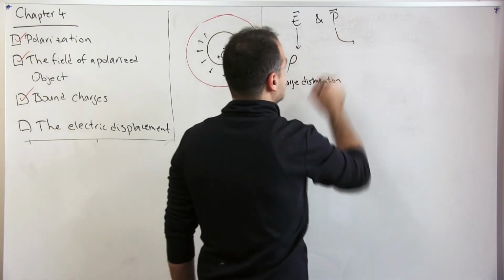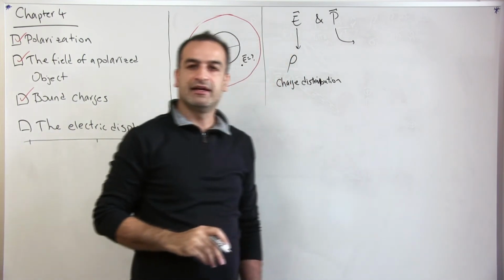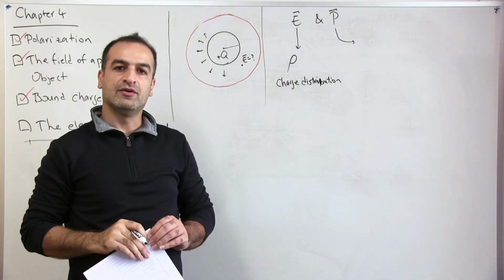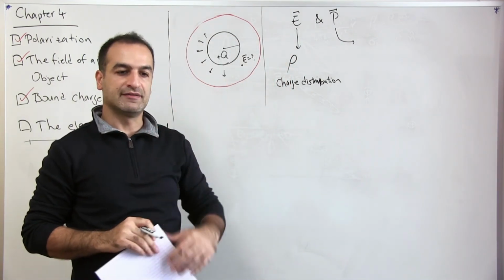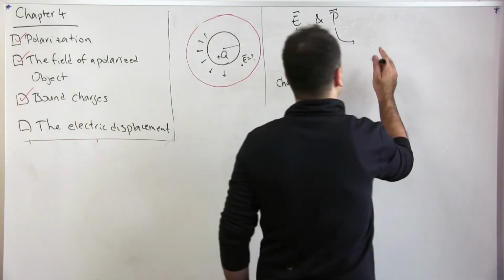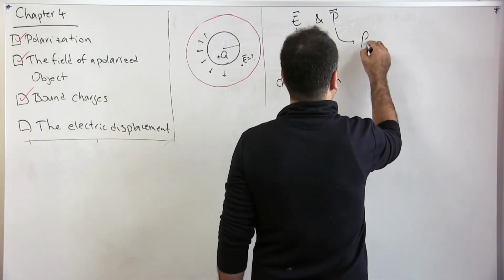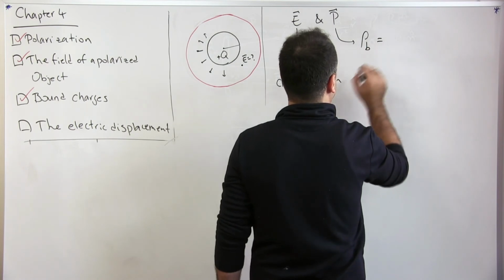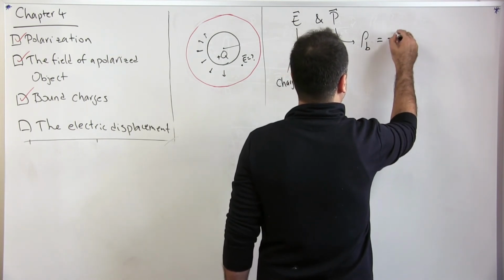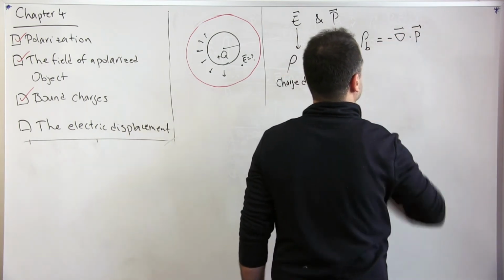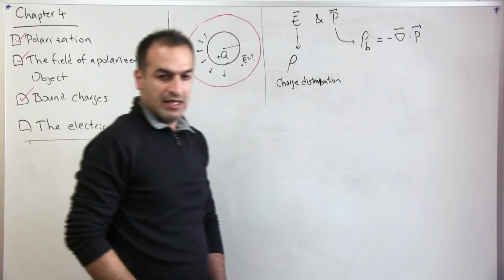And then polarization: depending on what type we have, we can always assign volume charge and surface charge. So polarization itself can create some charge distribution. We call that the bound charge distribution, and it is the negative divergence of the polarization P.